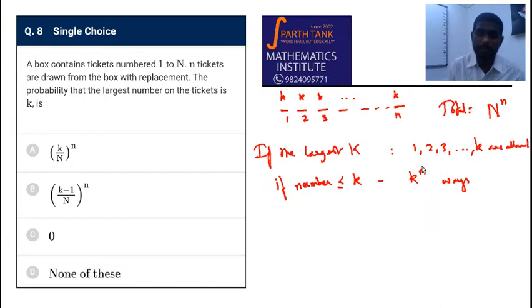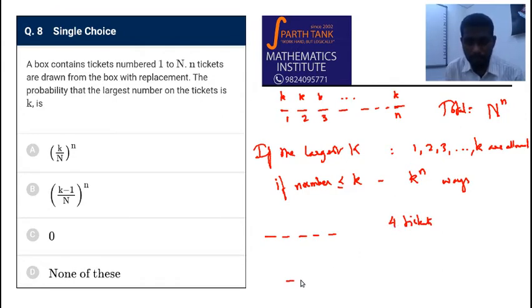Okay? But now you must not jump at the answer as k raised to n by n raised to n. That is there, and you click this, it's gone. Because remember, of these k raised to n ways, the number k itself may not occur, right? Which means, for example, take 5 tickets, and imagine I am drawing 4 tickets from this with replacement, and I say the maximum has to be the number 3.